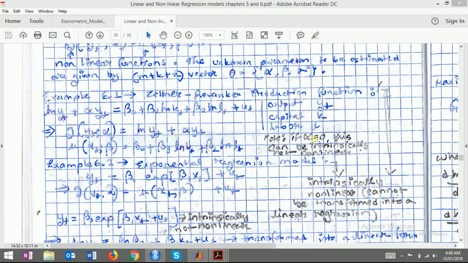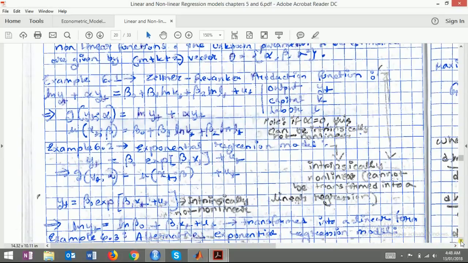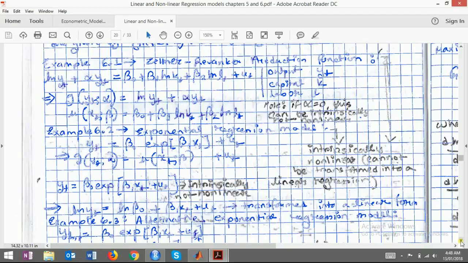Intrinsically linear means that if alpha equals 0 in both these cases, these equations can be transformed into a linear regression model. So basically, whenever we are estimating a nonlinear regression model, we might need to transform it to linear regression before proceeding.